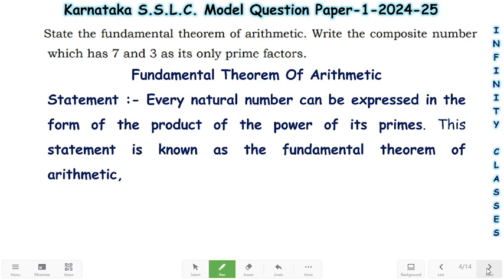First we have to write the statement of the fundamental theorem of arithmetic. Put the heading and write the statement first. See the screen here. First I have put the heading, that is fundamental theorem of arithmetic.